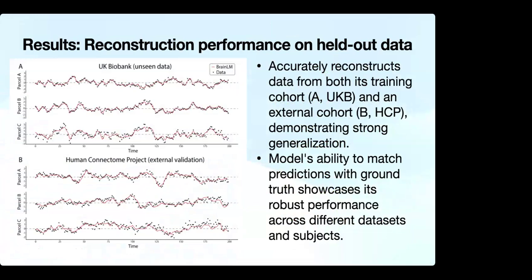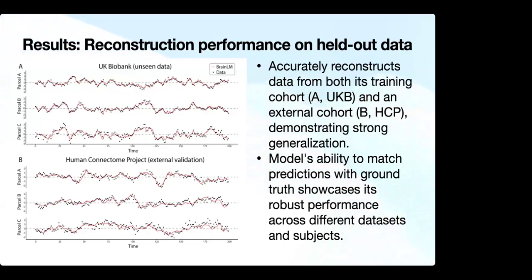So in terms of reconstructing the time series data, obviously they wanted to show their results after reconstructing on the held out data. So this is data that their model had not seen, and then their model was to reconstruct this data.